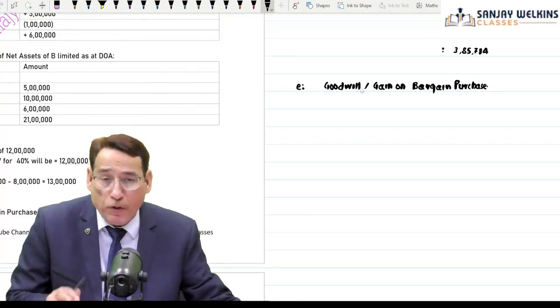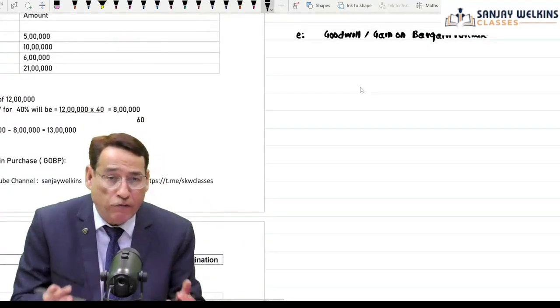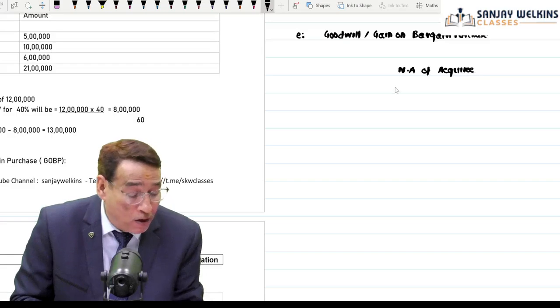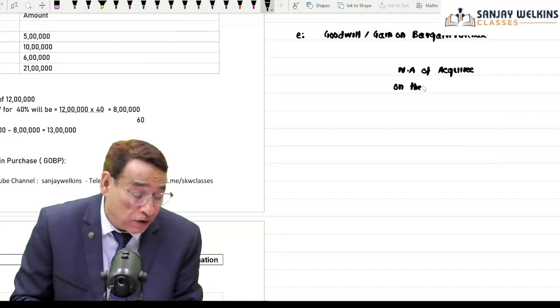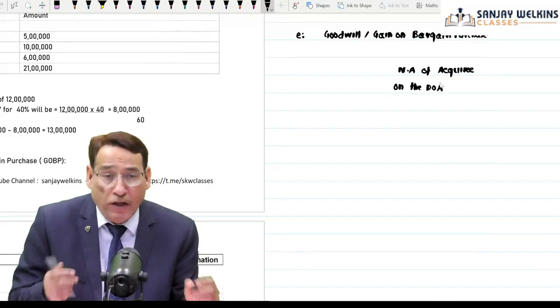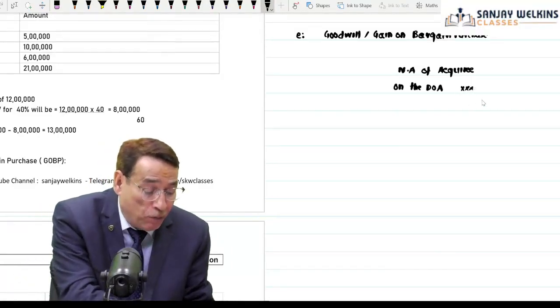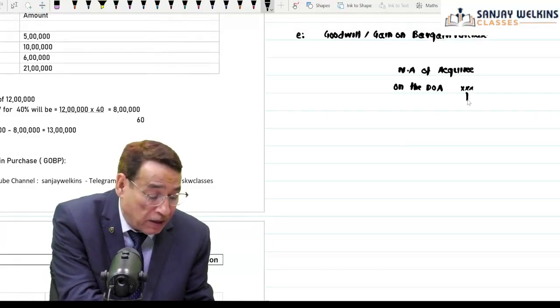In order to compute goodwill or gain on bargain purchase, what are you supposed to do? First of all, you will take into account the net assets of the acquiring entity on the date of acquisition. Correct? Once we know the amount of net assets, then out of that, I will have to pluck out the share of NCI.